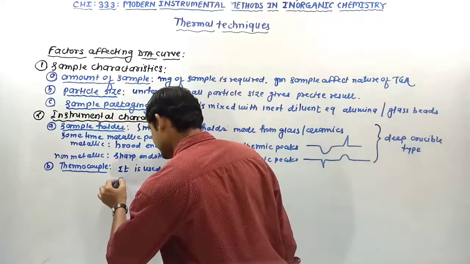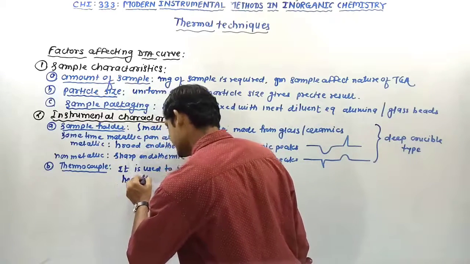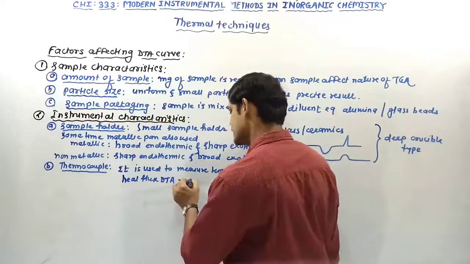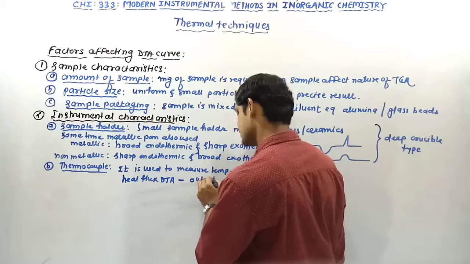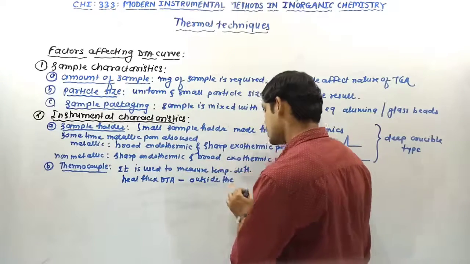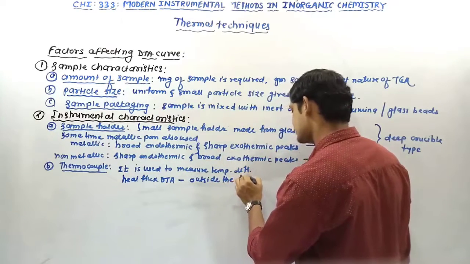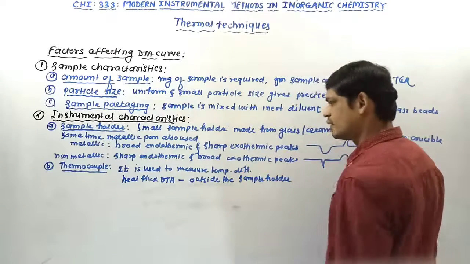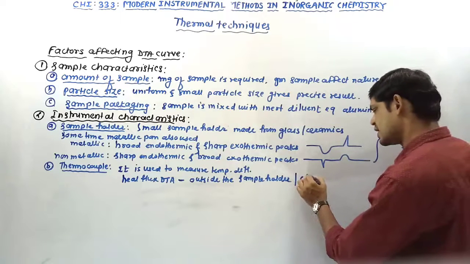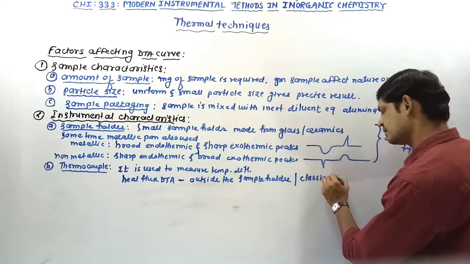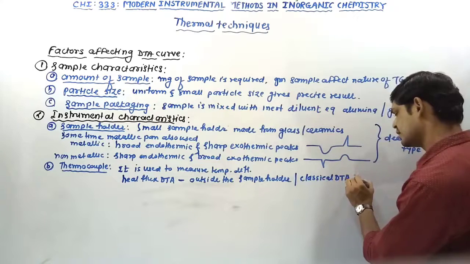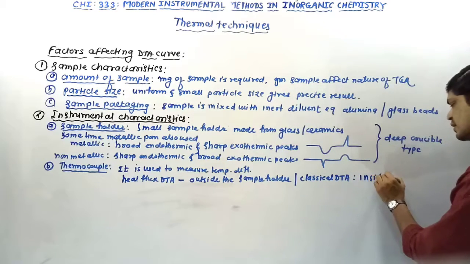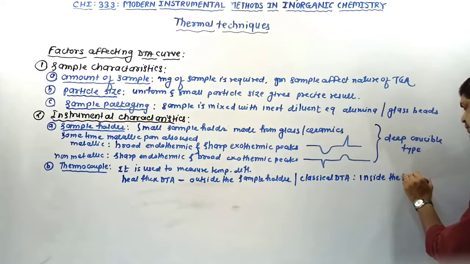In case of heat flux DTA, the thermocouple is outside the sample holder, and in classical DTA, the thermocouple is inside the sample holder.